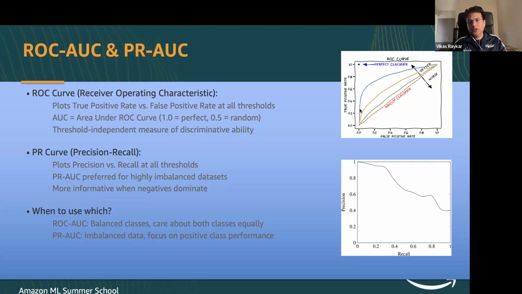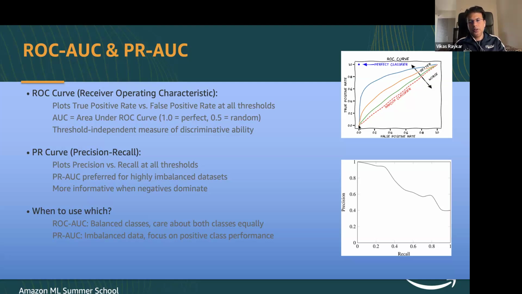So you start off with one threshold, you compute the TPR and FPR, and you sweep the threshold from 0 to 1 or 0 to infinity based on your model. And then you can trace out a curve. This is called the receiver operating characteristic or ROC curve. The area under this curve is also called the AUC, and AUC can be another metric to quantify the performance of a binary classifier, which is independent of the threshold.